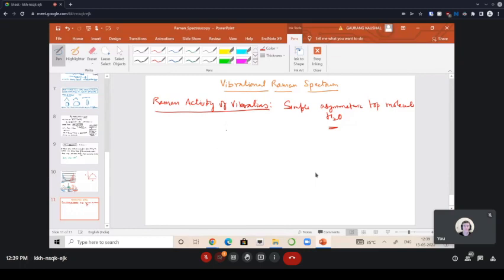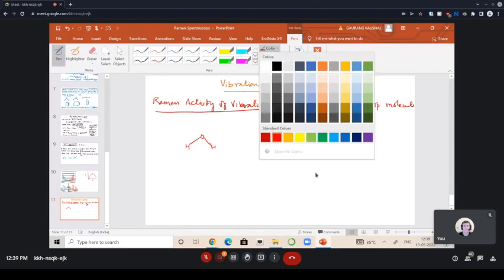The H2O molecule will be like this, with oxygen here and the hydrogen atoms. The bonds are symmetric; the two OH bonds are the same. I am talking about the symmetric stretching, so I am compressing this OH bond.